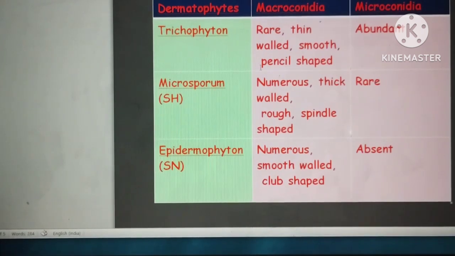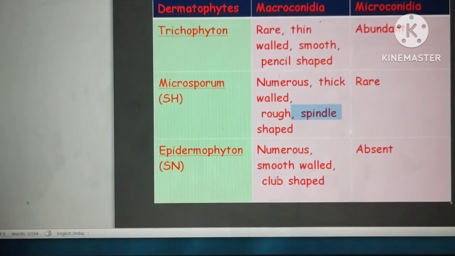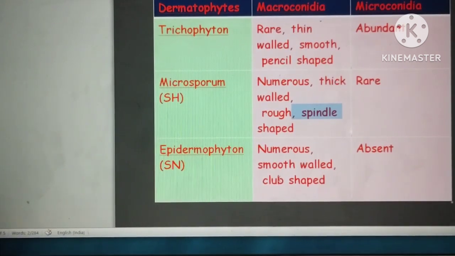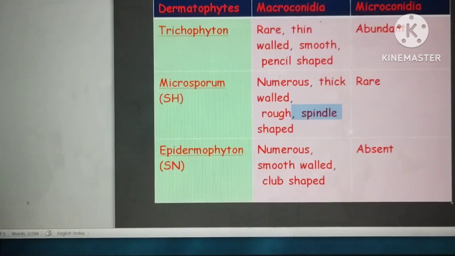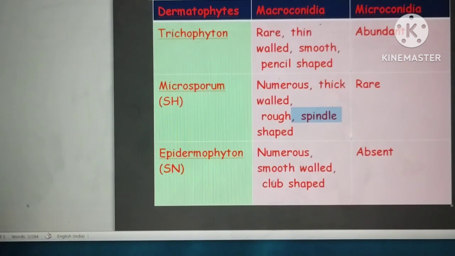So you can remember like that. Coming to Microsporum, say SP. It is spindle shaped. Okay, fine. What is left out is club shaped, so Epidermophyton you can remember as club shaped. So Trichophyton, pencil. Microsporum, SP, spindle. And Epidermophyton, again, club shaped.